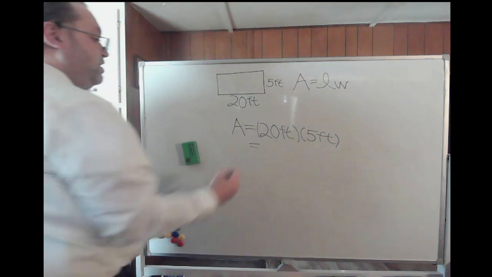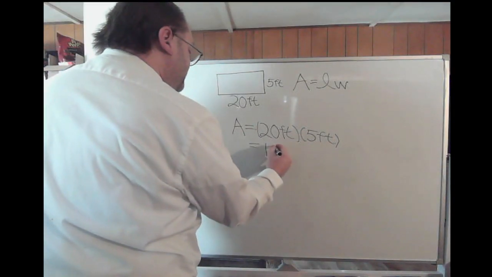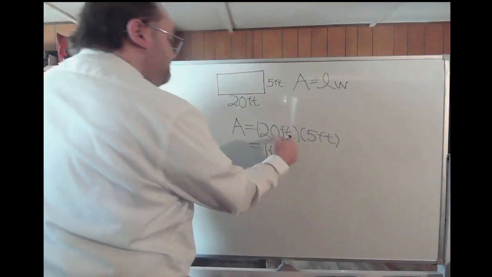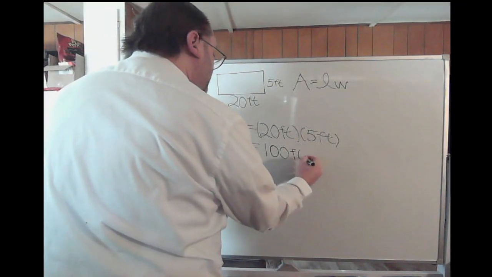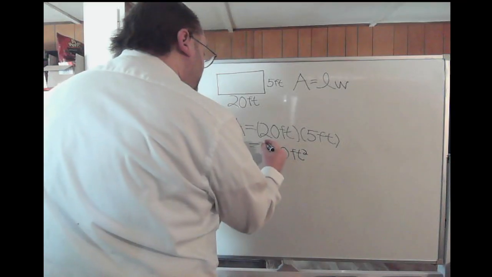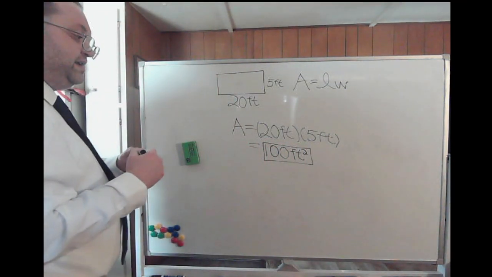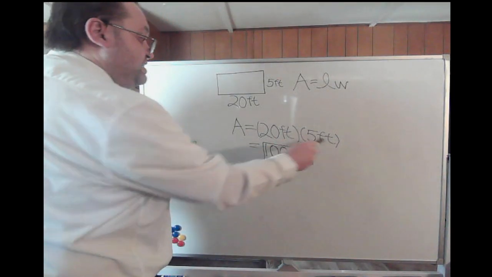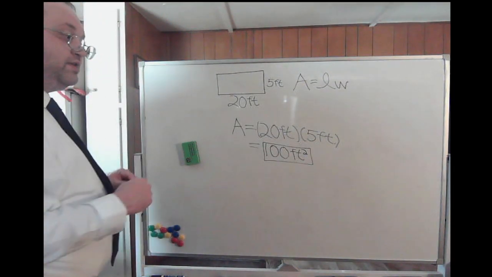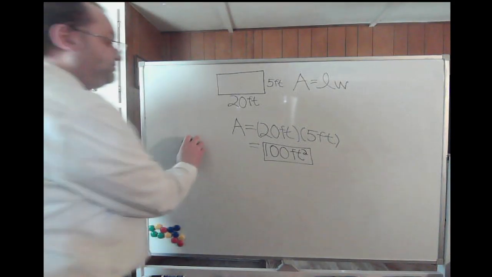Now, when you multiply, you're going to have, of course, 20 times 5, which is 100, but you'll have feet times feet, which would make it feet squared. So your area is going to be 100 feet squared, or 100 square feet. Whatever you do, feet times feet, or any unit times a unit, that unit becomes squared, to the second power. So the area is 100 feet squared.